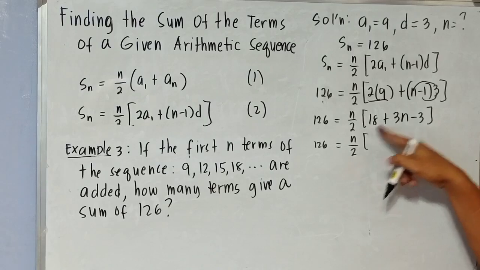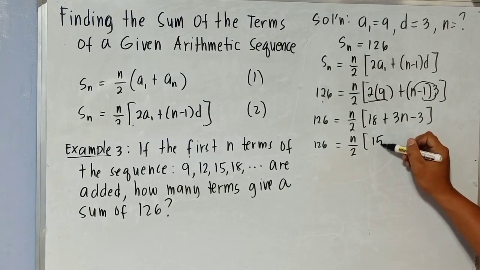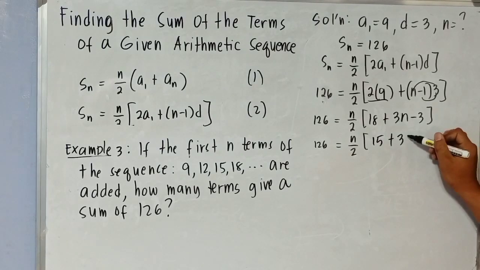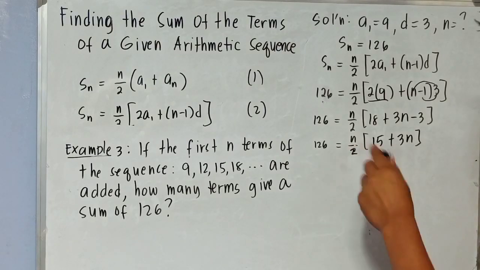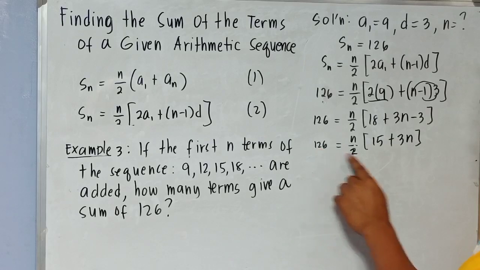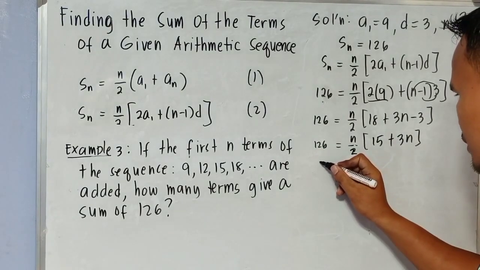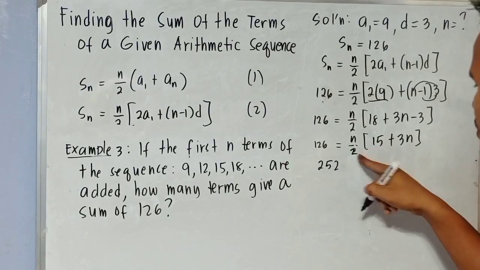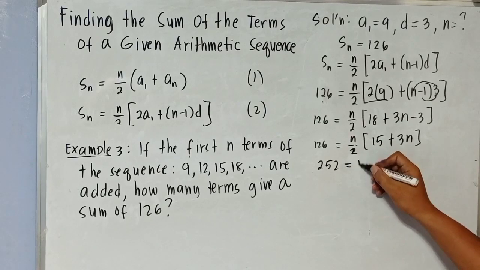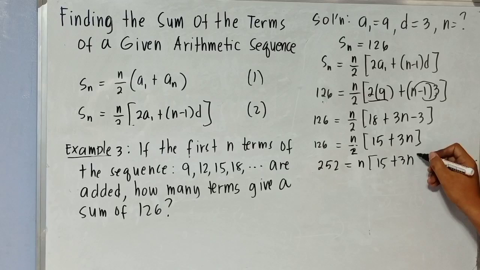We can combine 18 and negative 3, that is 15. So 15 plus 3n. Okay? Then we can cross multiply 2 to 126. So 2 times 126, that is 252.